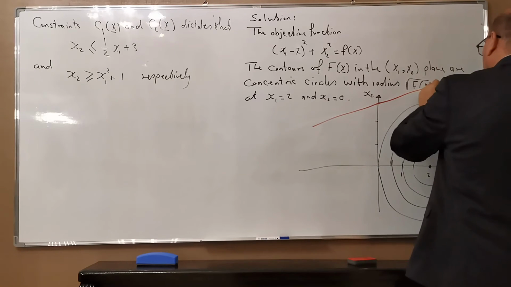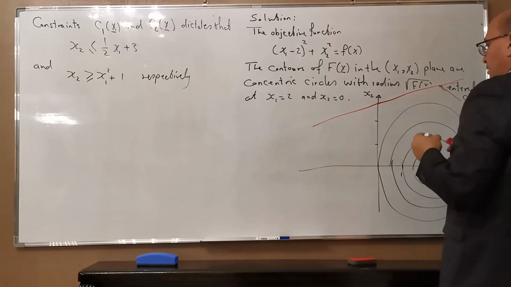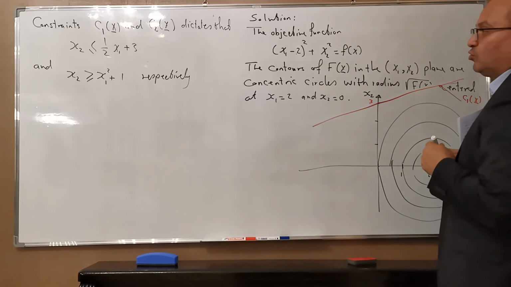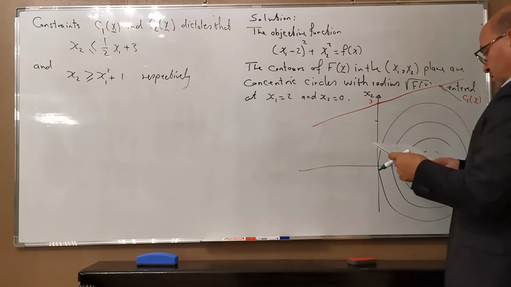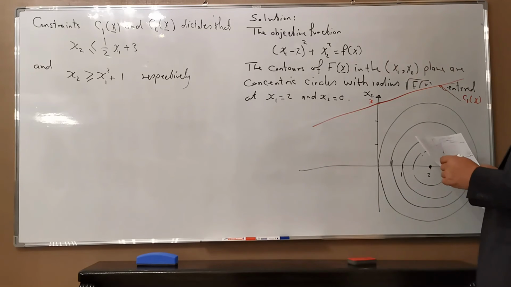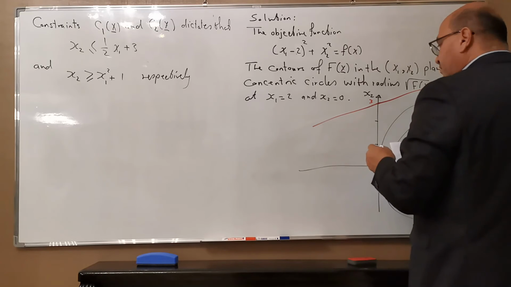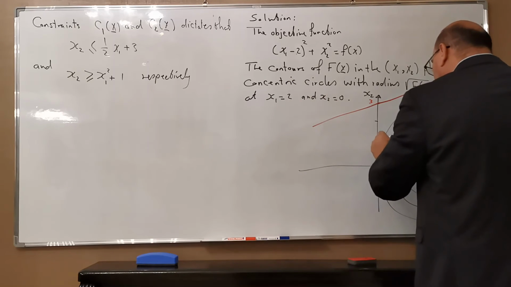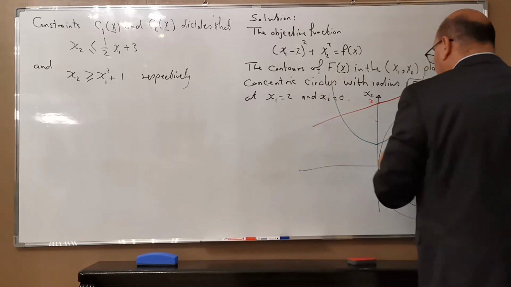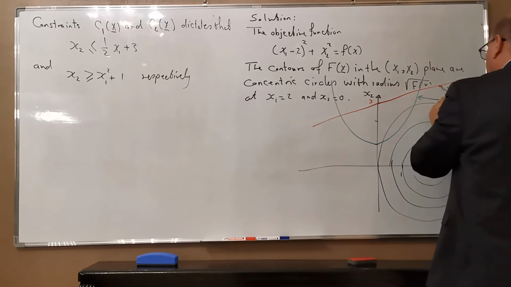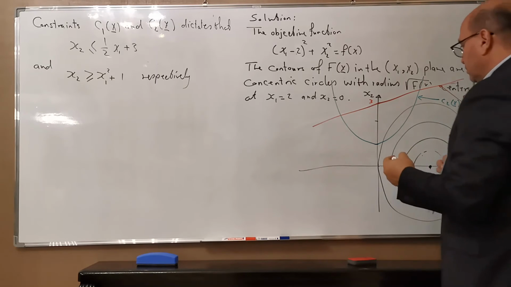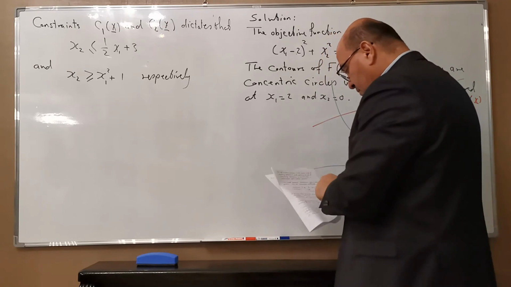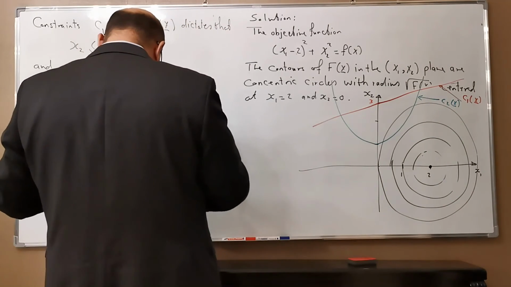So this is C1 of x. C2 of x is a second order polynomial, a quadratic curve. When x1 is equal to 0, x2 is equal to 1. So this is the curve, our C2 of x. So we draw C1 of x and C2 of x.